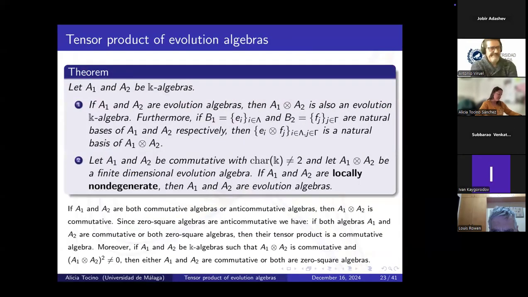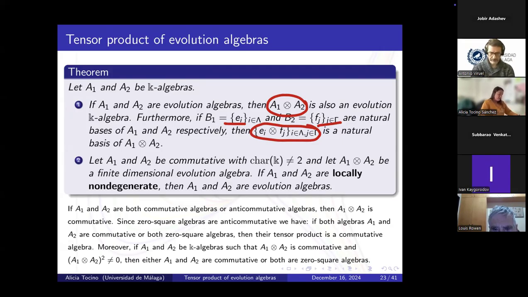But the main theorem for now is that if we have two evolution algebras, then the tensor product is also an evolution algebra. Moreover, we can construct the natural basis in terms of the natural basis of A1, A2.